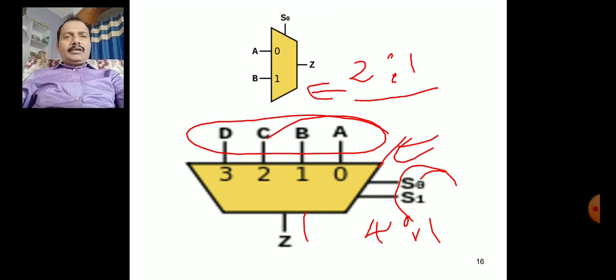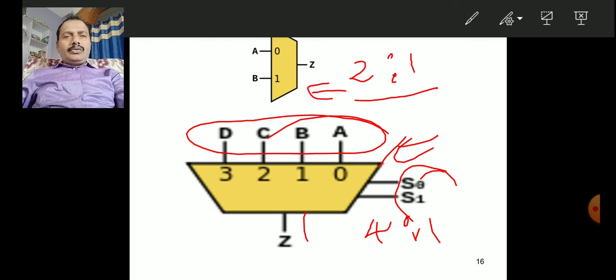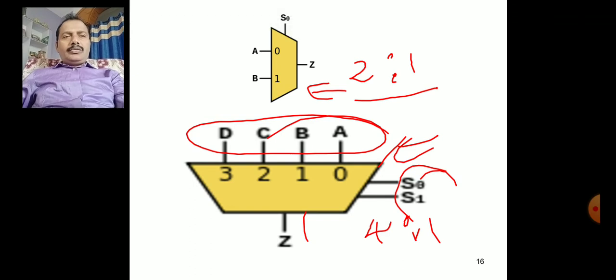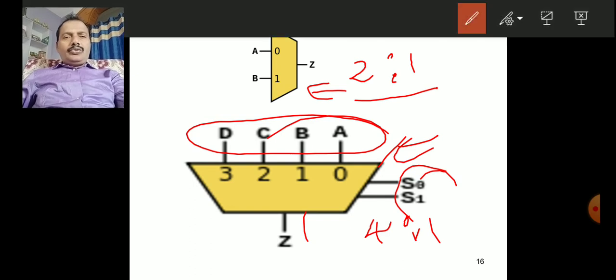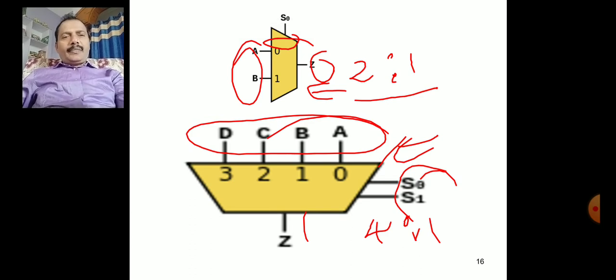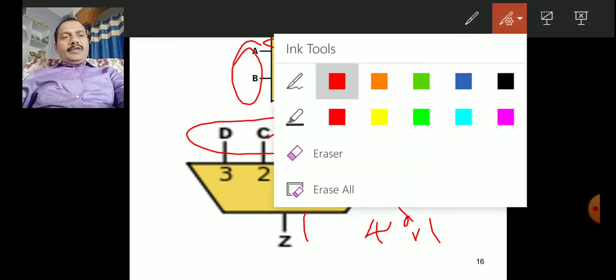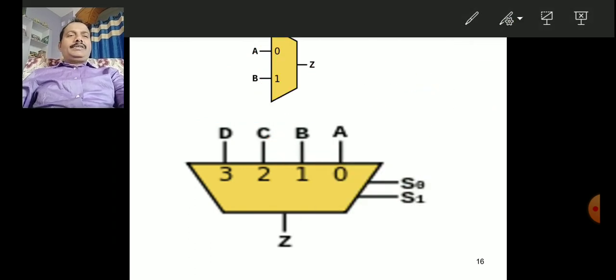Similarly here, 2 inputs and 1 output, 1 selection line. So these are the different ways of drawing the multiplexers.